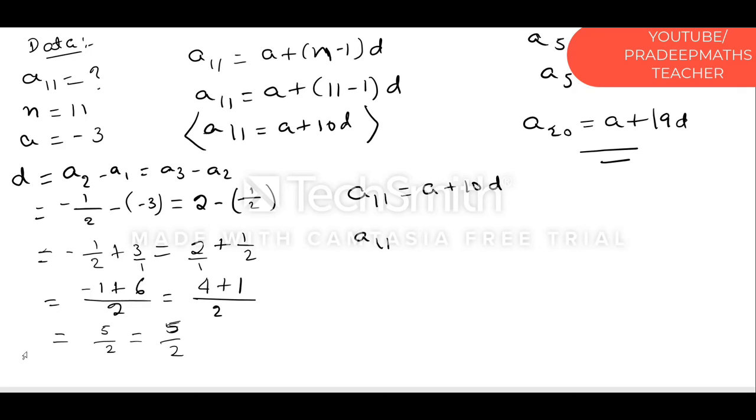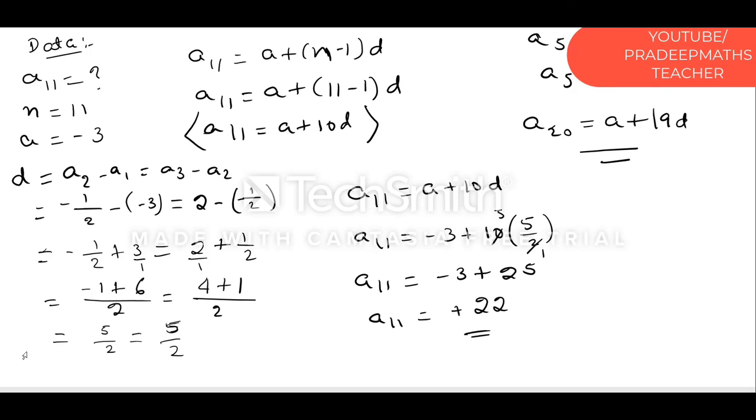So a11 equals a, which is minus 3, plus 10 into d, which is 5 by 2. Okay, now 2 1s are 2, 5s are 5. So a11 equals minus 3 plus, now multiply 5 5s are 25. So a11 equals 25 minus 3, which is plus 22.